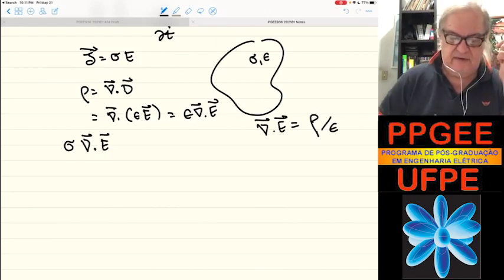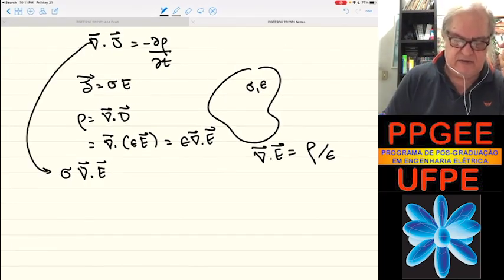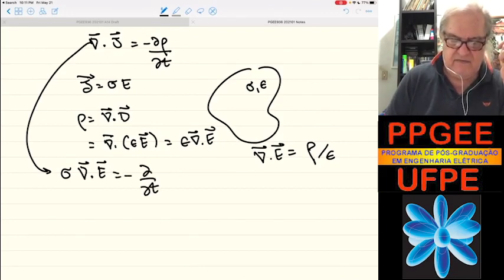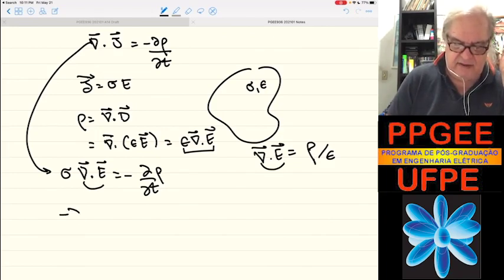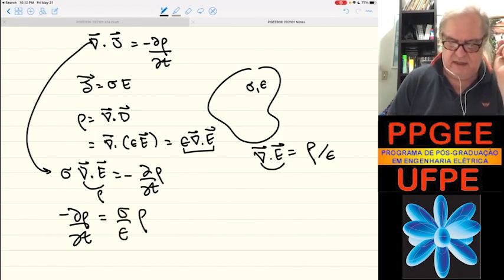Okay, so from the continuity equation, the principle of charge conservation, sigma divergence of E equals minus d rho/dt. Since divergence of E is rho over epsilon, we have minus d rho/dt equals sigma over epsilon times rho.